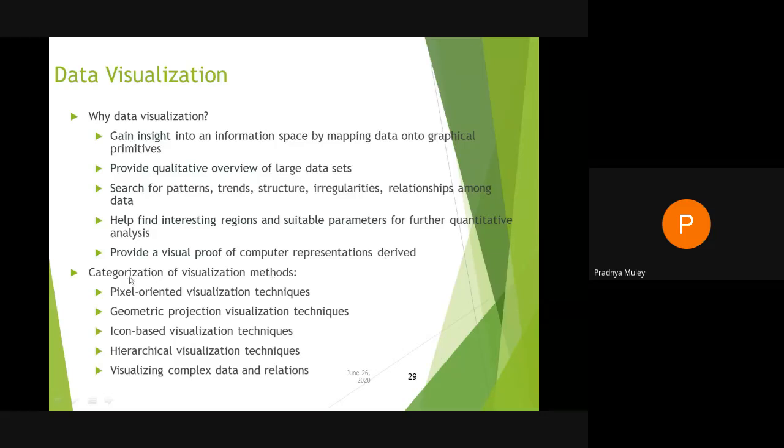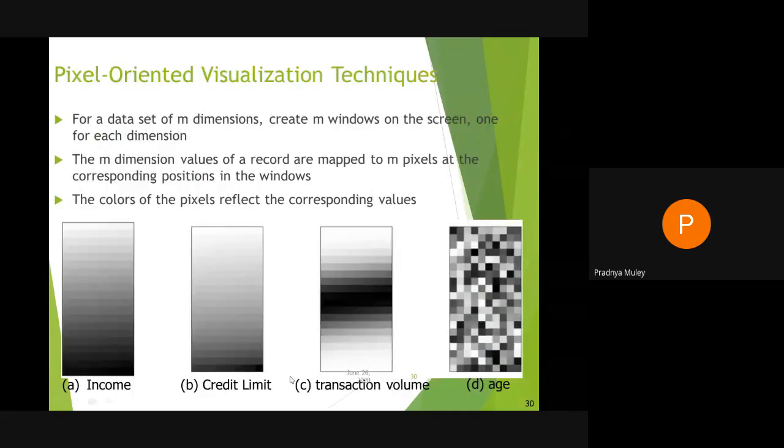What are the categorizations of visualization methods? First one is the pixel-oriented visualization technique, then geometric projection visualization technique, then icon-based visualization techniques, then hierarchical visualization techniques, and visualizing complex data and relations.